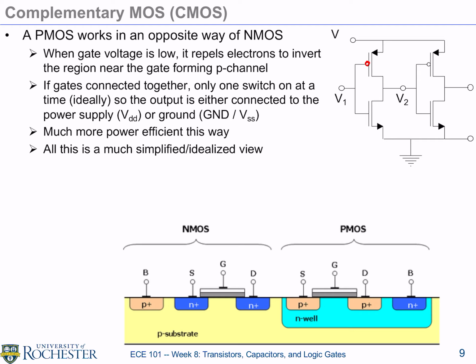In an NMOS, a high voltage at the gate turns it on; this symbol for inversion tells you that the PMOS needs a low voltage.